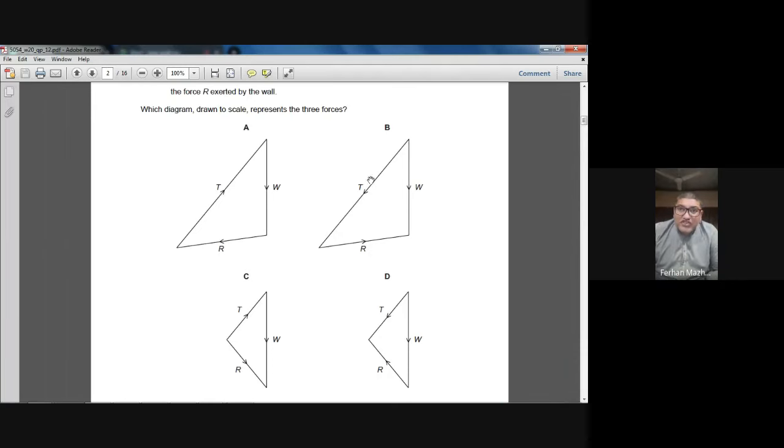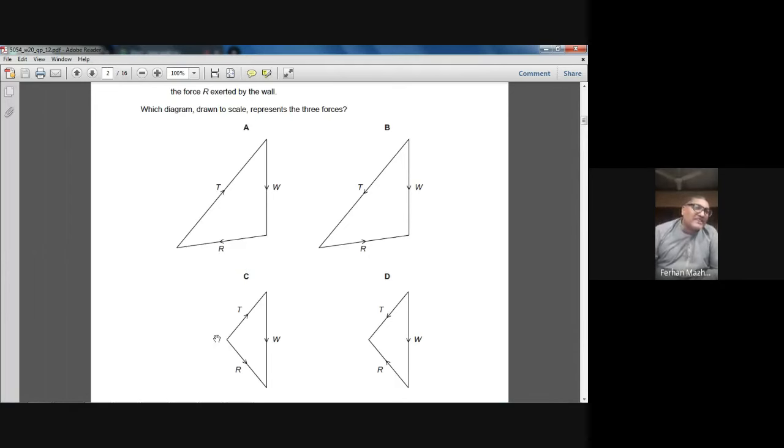The T and the R might be in the right direction, but the third does not make sense. In the head to tail rule, on the head of the first vector you put the tail of the second, and on the head of the second you put the tail of the third. Because the resultant is zero, the head of the third vector should join the tail of the first. So B cannot be the answer.